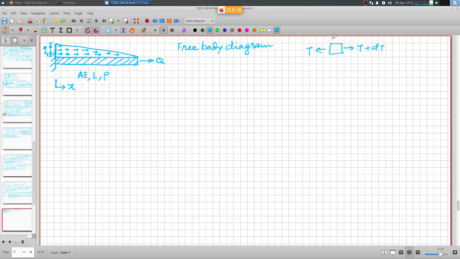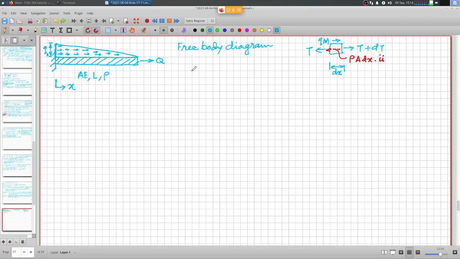So this is the axial thrust, and this is the skin friction, over length dx, and there would be the fictitious inertia force, which would actually take care of the rate of change of momentum.